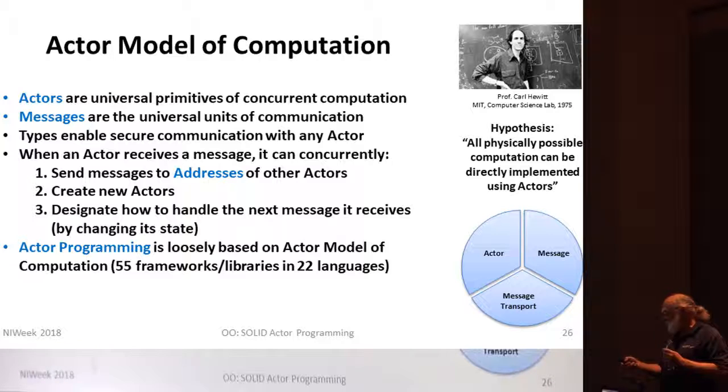And then suddenly, 15 years ago, everybody wants to do this, and at this moment we have 55 actor frameworks implemented in 22 languages, including LabVIEW. And where this plays really big in the text programming language world, for example, Java and Scala, is cloud computing. They use it extensively to create reactive systems.